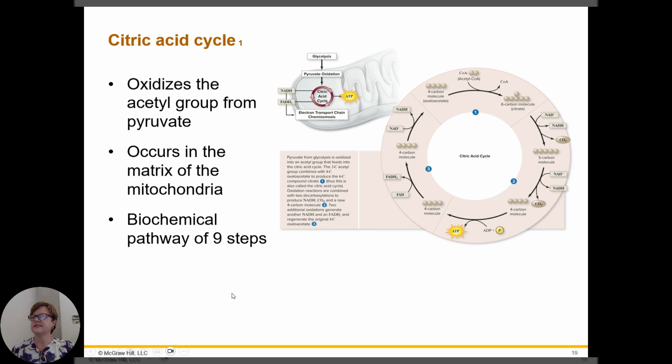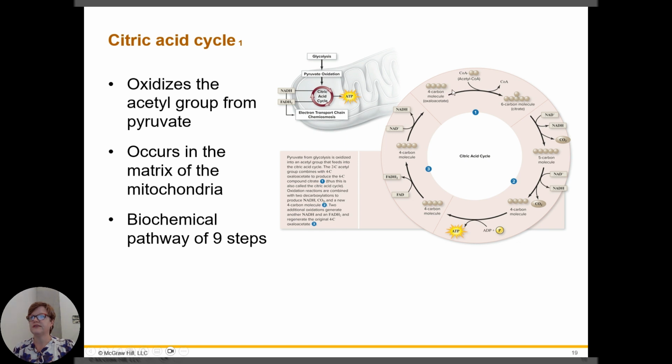In the citric acid cycle, we have a 4-carbon molecule called oxaloacetate. And oxaloacetate is the molecule that serves as one of the reactants and one of the products. And so oxaloacetate is joined to the acetyl group that comes from the last step of the pyruvate oxidation.